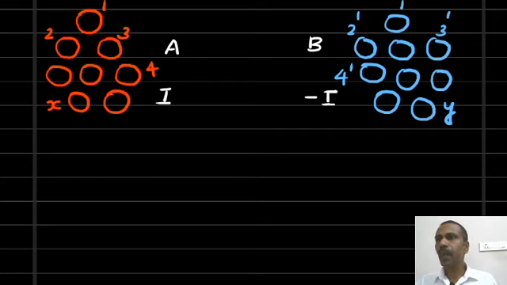Now we consider two composite conductors, A and B. We call it composite conductor because in each conductor we have a number of strands. In the conductor A we have 1, 2, 3 etc. up to X number of strands. And in the conductor B we have Y number of strands. Current in the first conductor is I, and that in the second conductor is minus I because it is the return path.